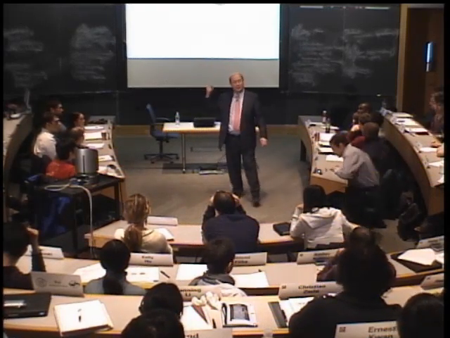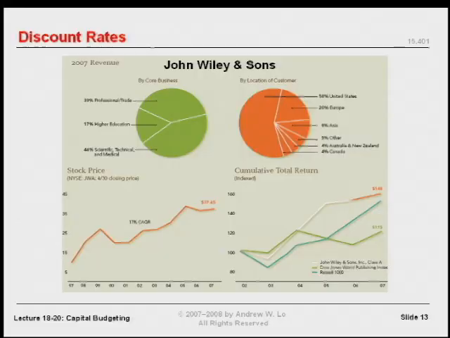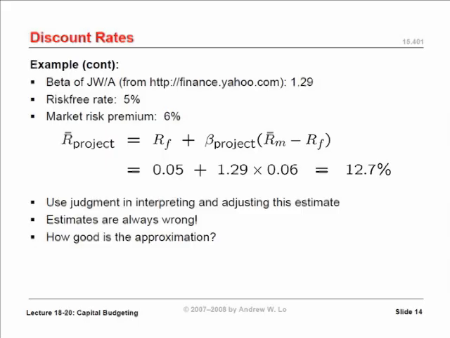So let's actually take a look at the answer here, all right? We've got John Wiley and Sons, we've got their performance over a period of time, their share price and so on. If you take the beta of John Wiley and Sons Series A shares, and you can get that from Yahoo, it's a beta of 1.29 as of last year, then with the risk-free rate of 5% and a market risk premium of 6%, which is when Bloomberg was trying to decide when to go into the business about 2 years ago, it turns out that the cost of capital is 12.7%.